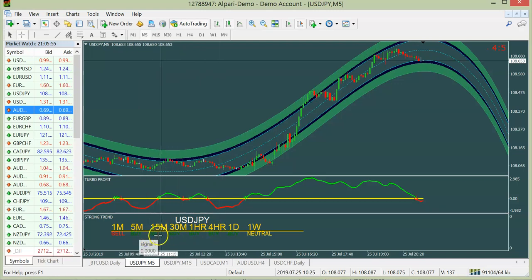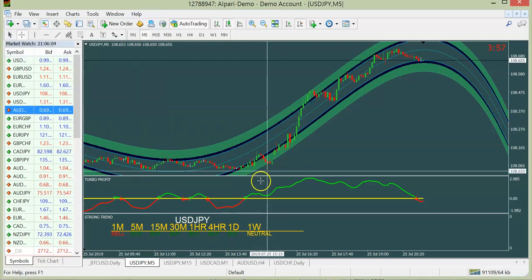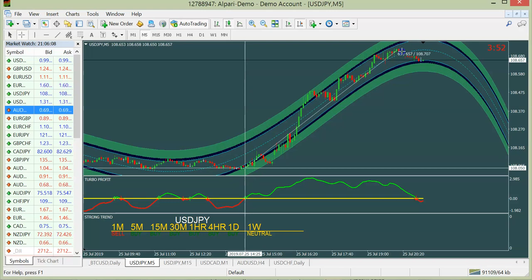So we are very safe that in the next 15-30 minutes or even 1 day it will go up. So here we can take a trade and we can trade until here because we have a red arrow. We can make 60 pips, or we can exit here as it went to the overbought zone.